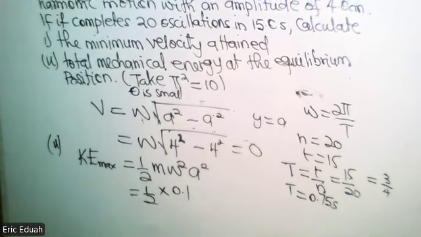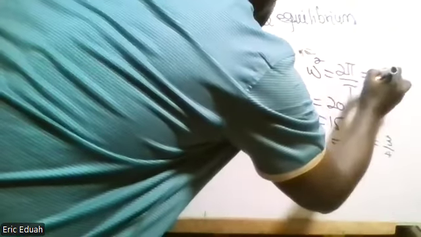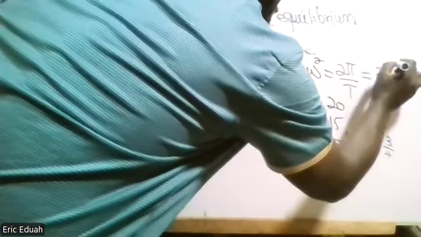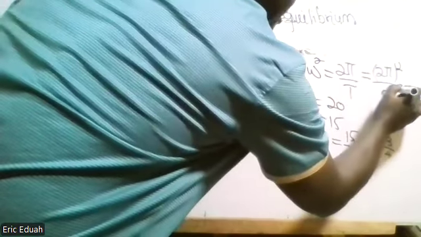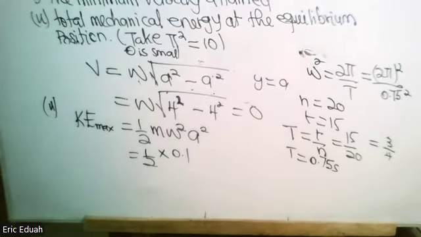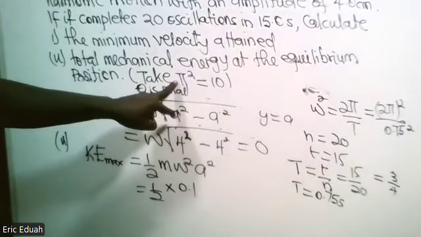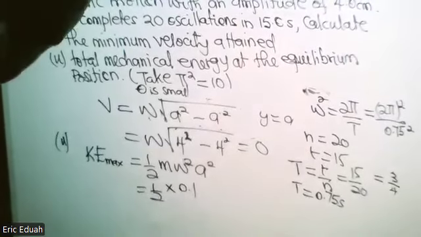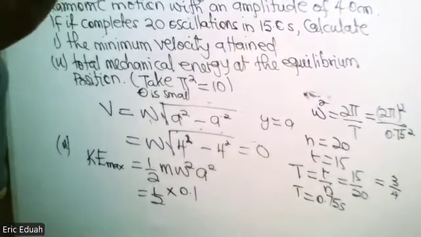Because I will need omega squared, omega squared will be equal to 2 pi all squared divided by 0.75 squared. Now, watch this. In the question, you are told that pi squared is equal to 10. So you don't substitute your own value of pi. Use whatever you are given.